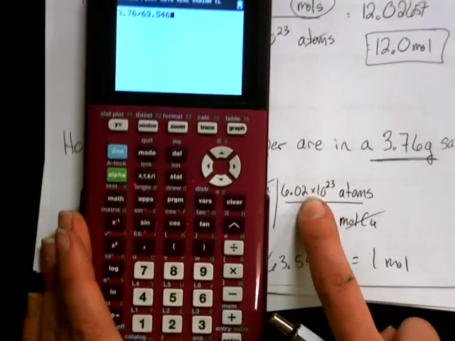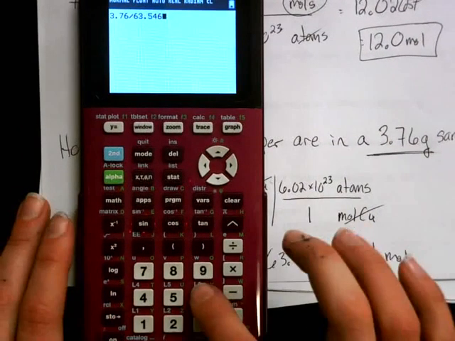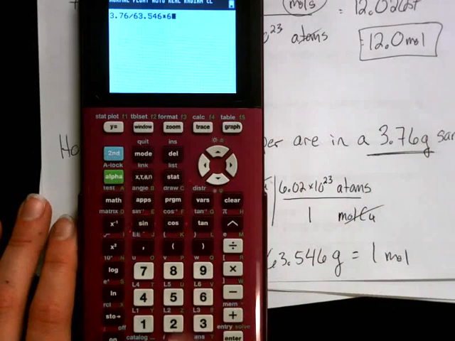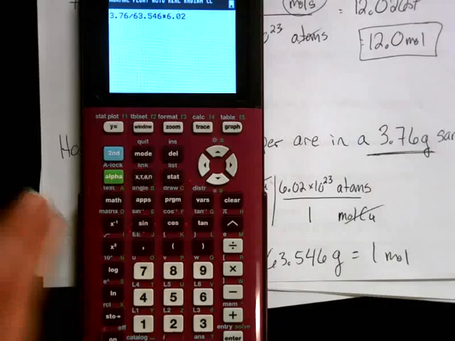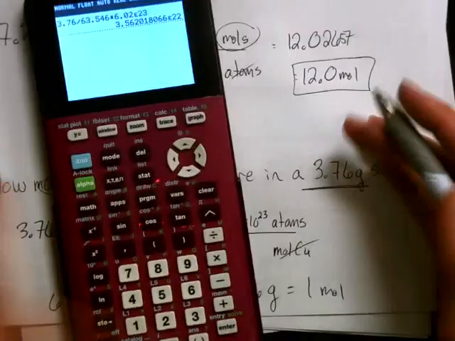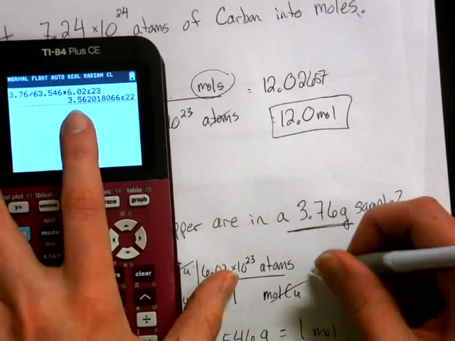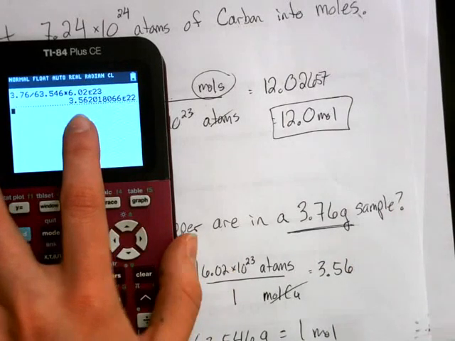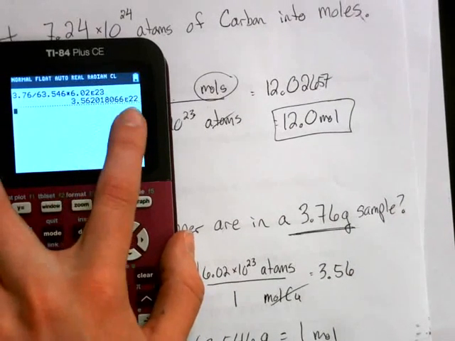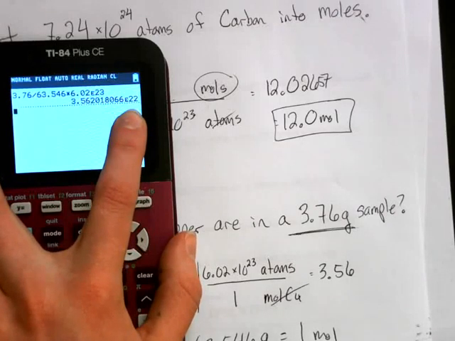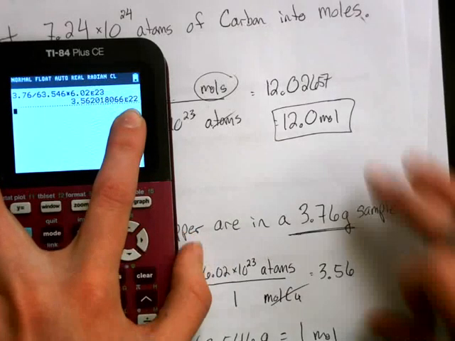So I'm going to plug this into my calculator using the E button. I'm going to try to show everything. Times 6.02, I'm going to use that E button, 23, equals, I get an answer of 3.56 with a whole bunch of numbers. Notice that it gives us an E to the 22nd at the very end.